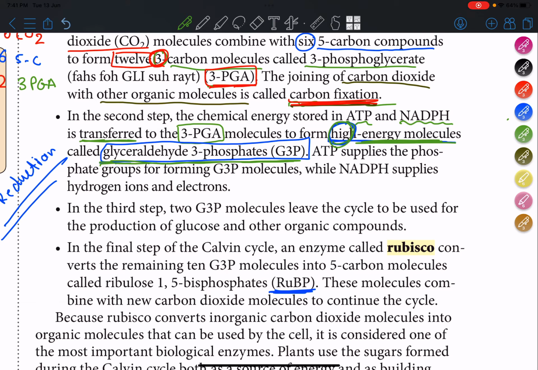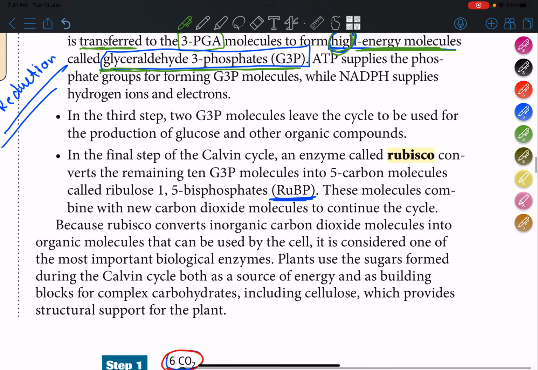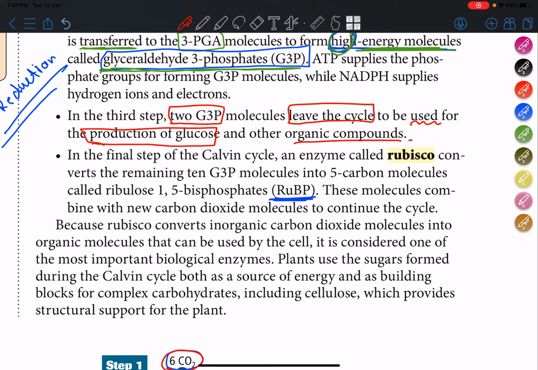Okay. Now the third step. Focus here. In the third step, 2 G3P molecules leave the cycle. They leave the cycle and they are used for the production of glucose and other organic compounds.